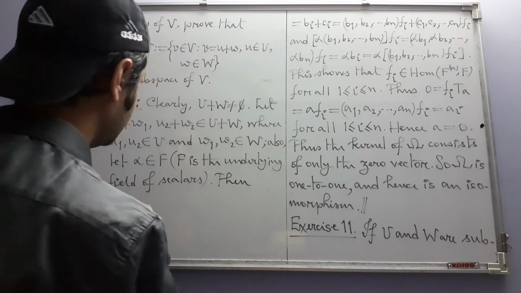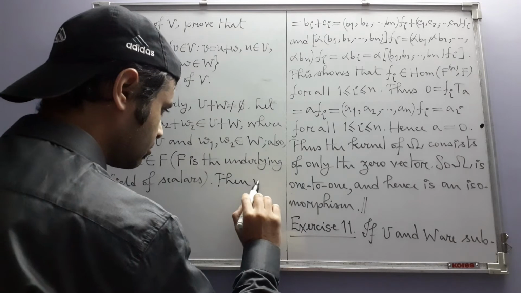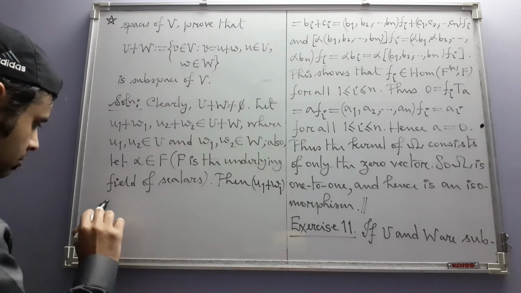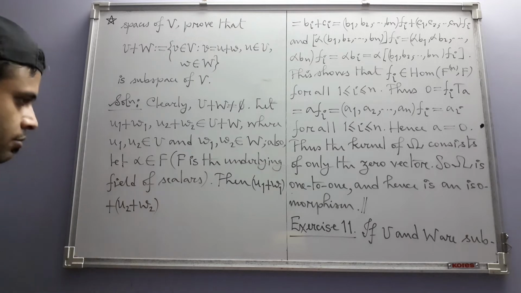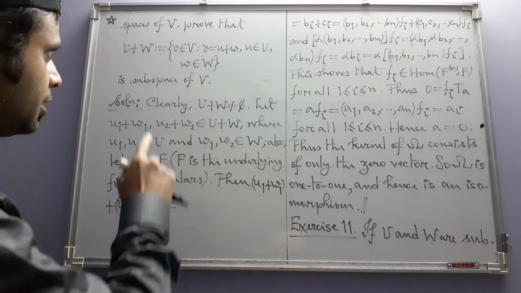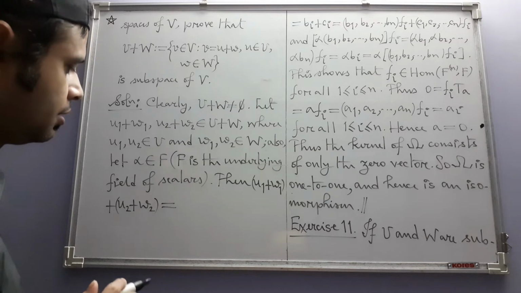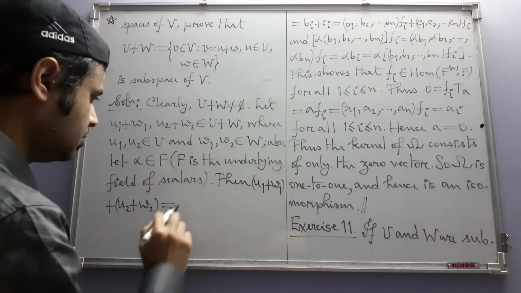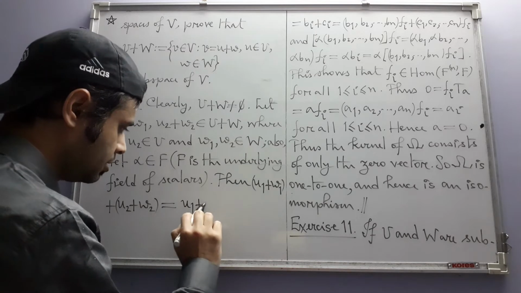first of all, if we add these two vectors, then using the fact that our original vector space V is an abelian group under addition, and so addition is associative as well as commutative, we can rearrange the terms of this sum like this.